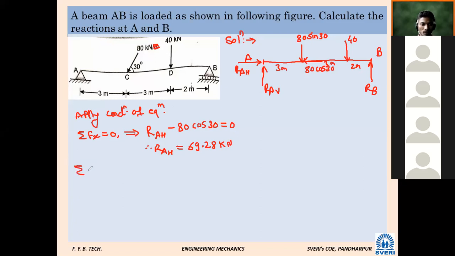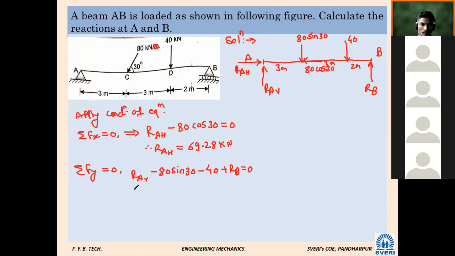Now what will we apply? Summation of Fy equal to 0. What will that be? RAV, correct. RAV minus 80 sin 30, minus 40, then plus RB is equal to 0.